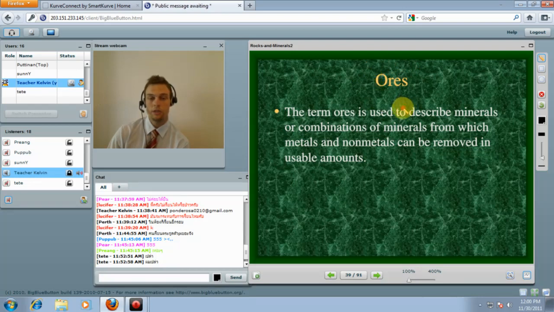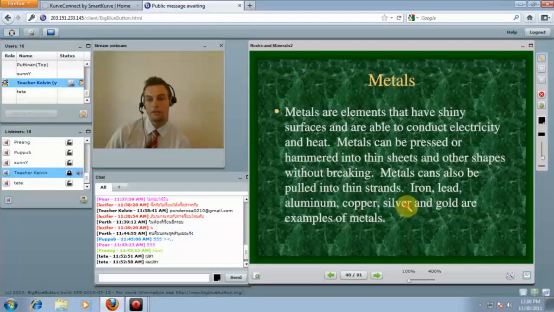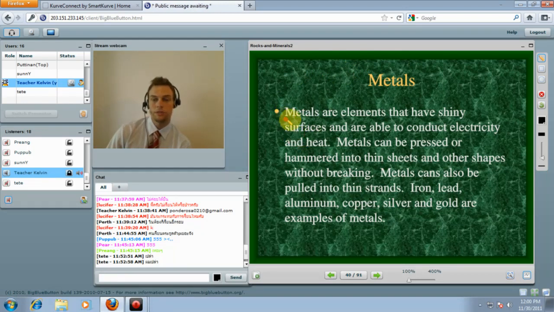We use metals every day for everything, and some metals are extremely valuable, like platinum and things like that. So how do we get the metal out of these minerals?